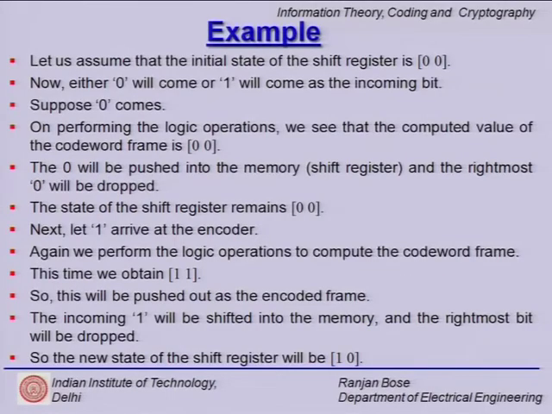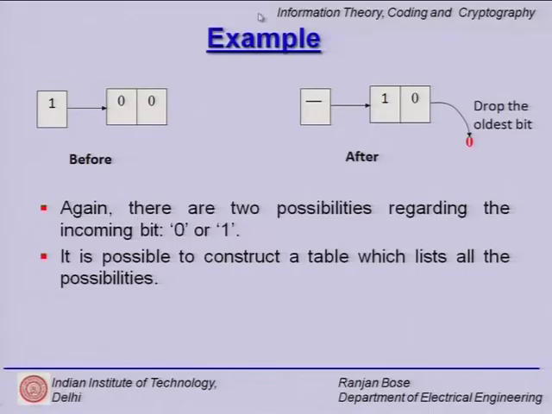So, how does this encoder work in this example? Basically, we assume that the initial shift register state is 0 0, that is the initial condition. Now, the input will be either a 1 or a 0. If the initial condition is 0 0 for the shift register, we are only focusing on the shift register and the input, the rest we have blanked out. Suppose the input is 1, then this 0 will go here, this 1 will go here, and the older 0 must be thrown out.